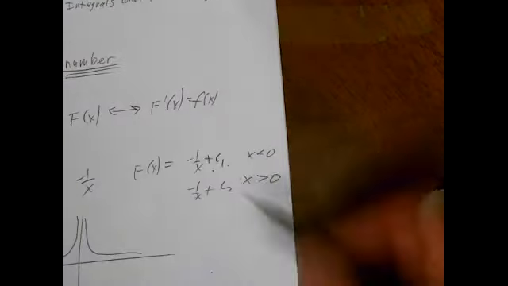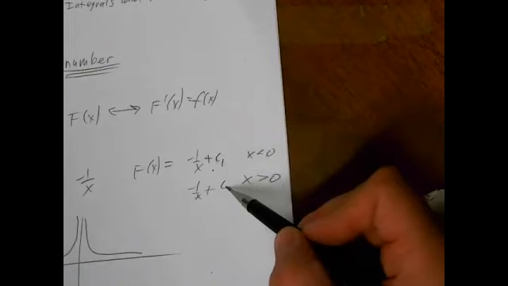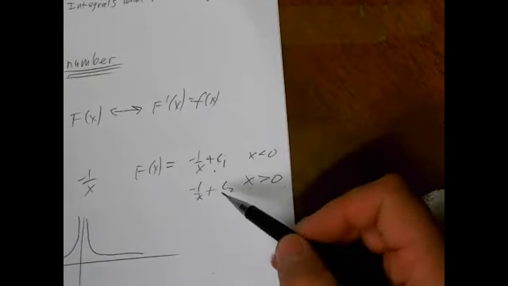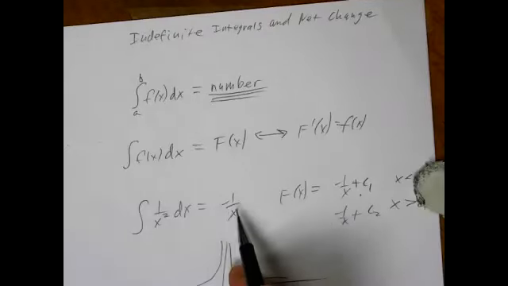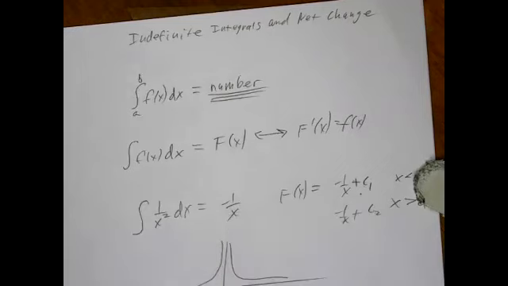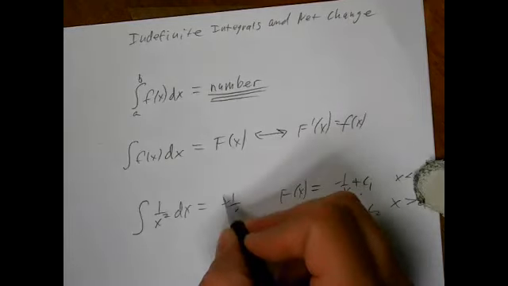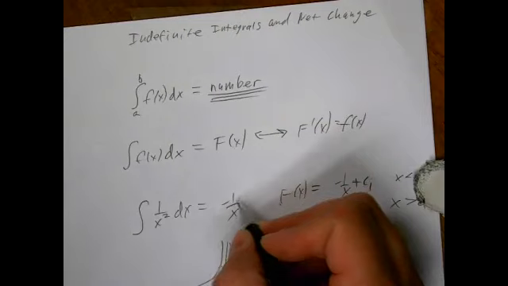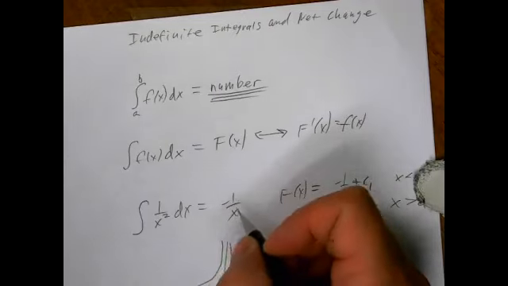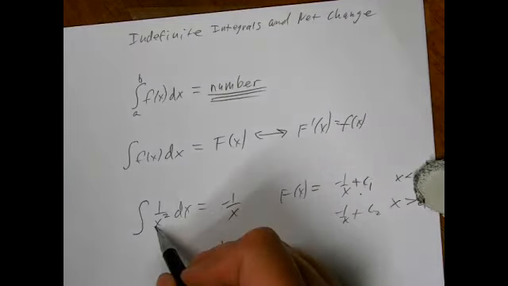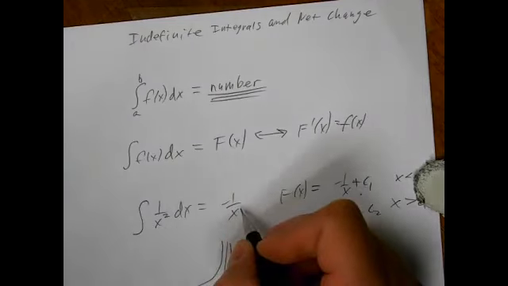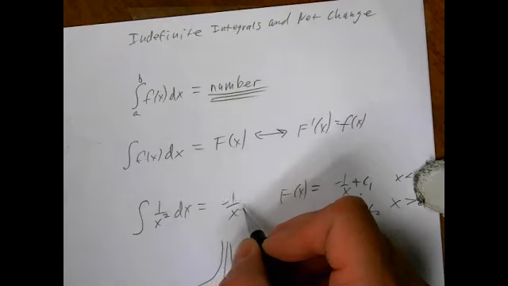And you'll notice that there's a plus c here. Another convention, another accepted practice, is that when we complete an indefinite integral, we want our answer to be not just one function that was the antiderivative of the original, but something that represents all functions that are antiderivatives.